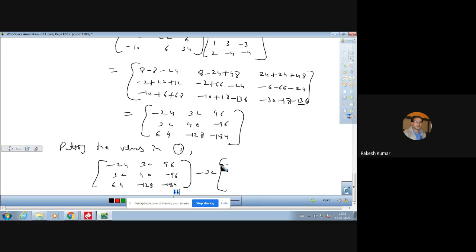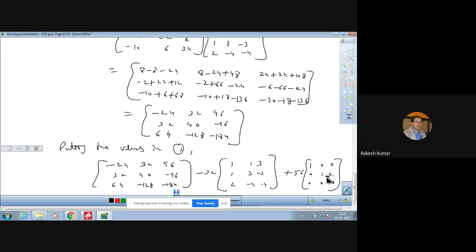The matrix A is given to us: 1, 1, 3, 1, 3, minus 3, and this is 2, minus 4, minus 4, and the last value is 56I: 1, 0, 0, 0, 1, 0, 0, 0, 1.